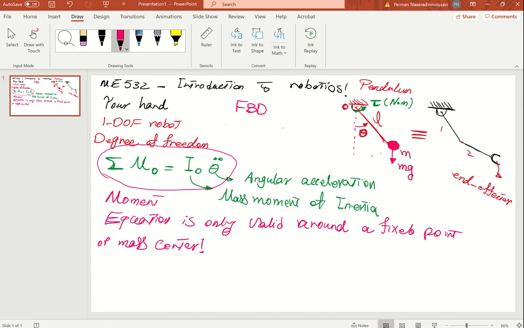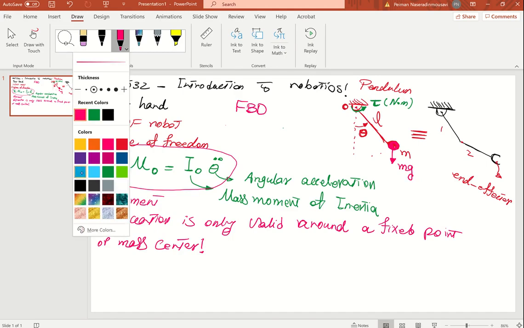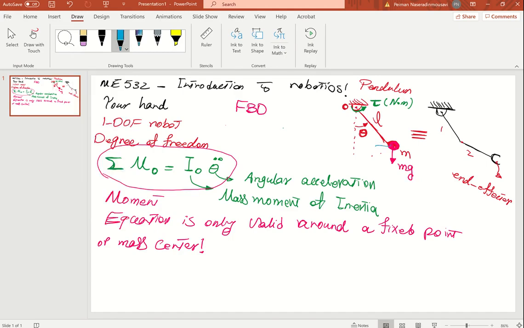From trigonometry, you know that this length is L sine theta, and this length is L cosine theta. So, sum of the moments around point O. The only force acting on the system is gravity.